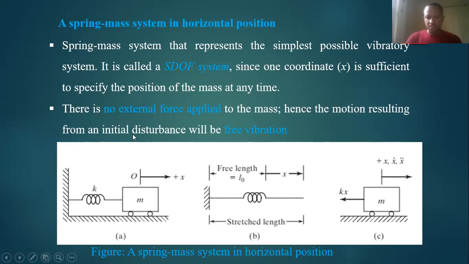There is no external force on it. One thing we must understand is this is the point where our inertial coordinate will be taken, and the surface here is considered a frictionless surface. So we idealize many parameters like this.